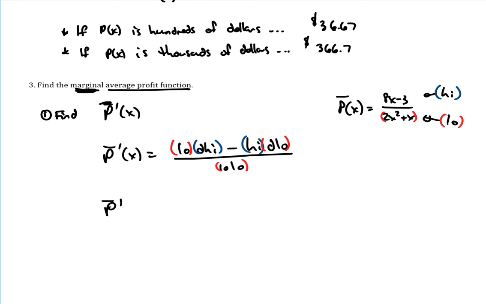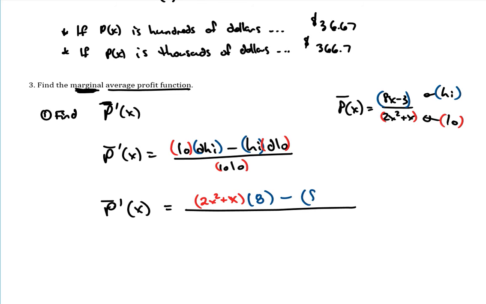And then now let's set it all up and plug it all in. So our marginal average profit function is equal to our low, which is 2x squared plus x, times the derivative of the high. This I think we could just eyeball and plug in. The derivative would be just 8.